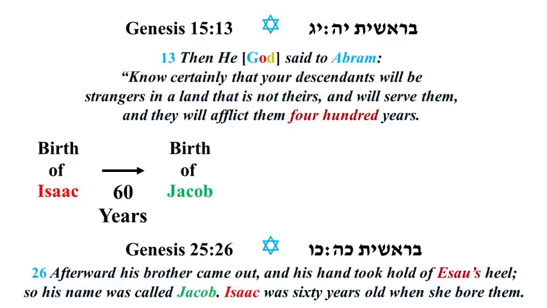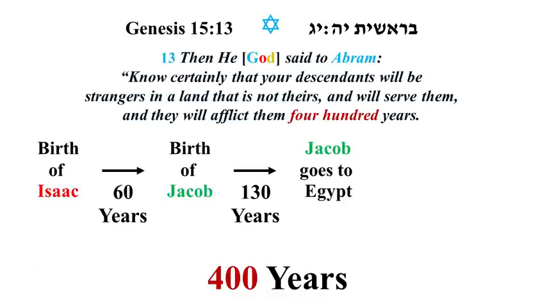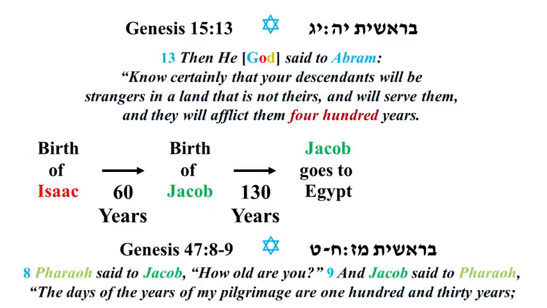Okay? And then Jacob, he was 130 years old when he went down to Egypt. How do we know that? Genesis 47, starting in verse 8. Pharaoh said to Jacob, "How old are you?" And Yaakov said to Pharaoh, "The days of the years of my pilgrimage are 130 years.